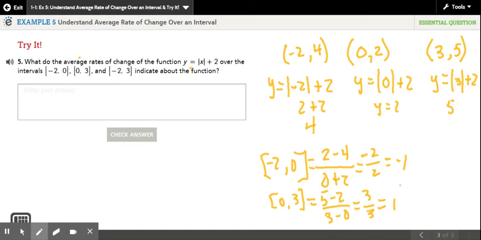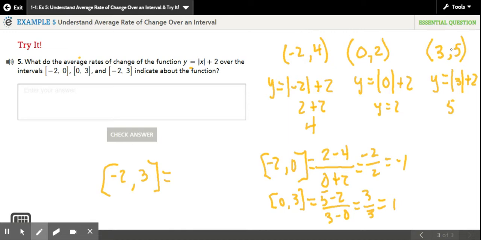So at this point, I already know they're different. So I know this isn't a line. Well, I kind of knew it wasn't a line because it was an absolute value function, but that confirms it. And last one is asking me to find the average rate of change between -2 and 3. So that would be this point and this point.